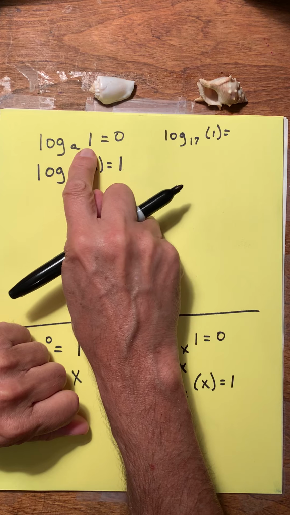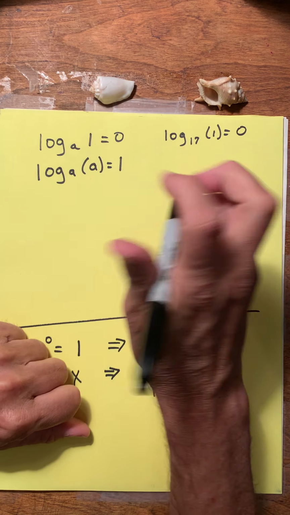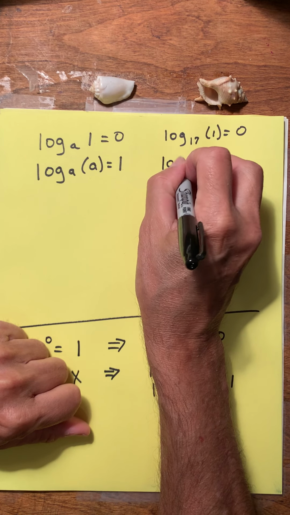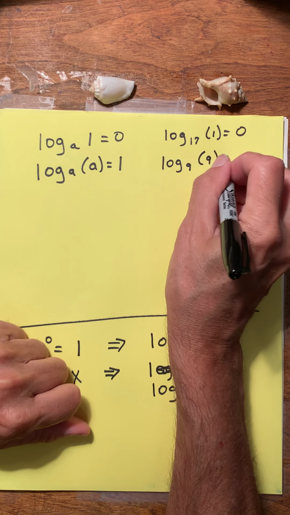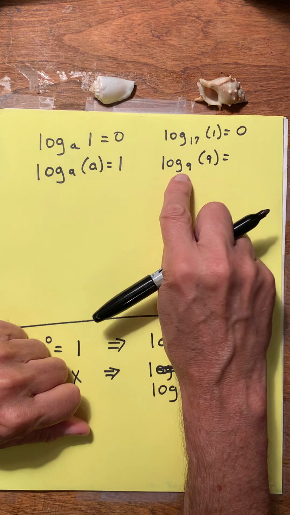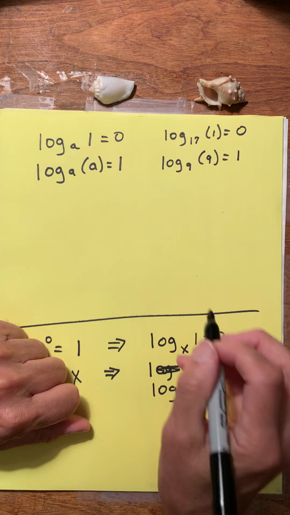Log base anything of 1 is going to be 0. How about if I had log base 9 of 9? What would that give me? Log base anything of itself is going to be 1.